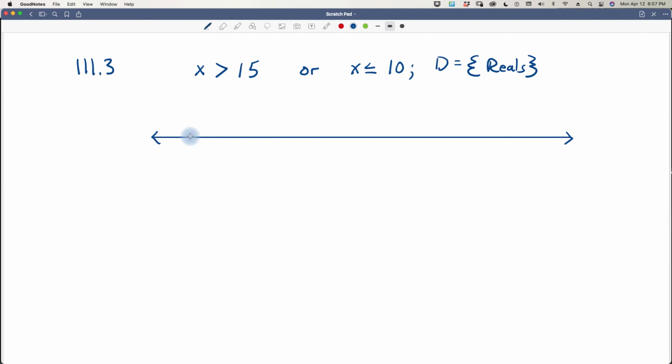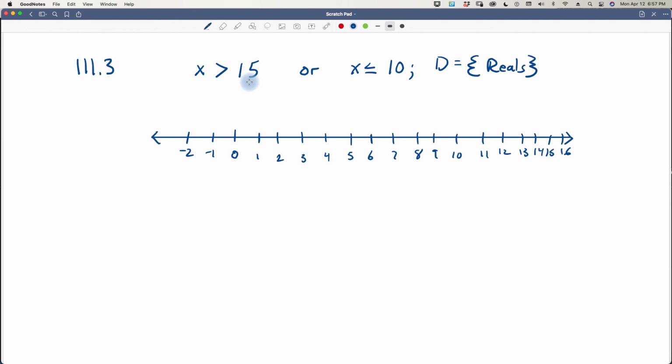Let's say this is -2, -1, 0, 1, 2, 3, 4, 5, 6, 7, 8, 9, 10, 11, 12, 13, 14, 15, 16. Okay, now we can do it. And I didn't have to start way down here. I could have started at 4. It probably would have been better.